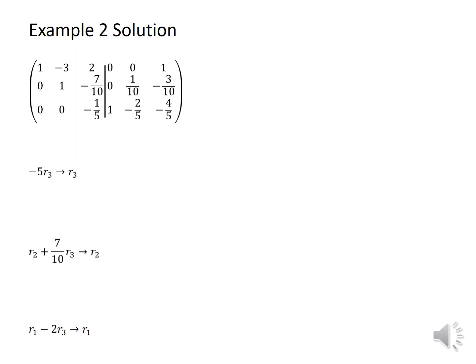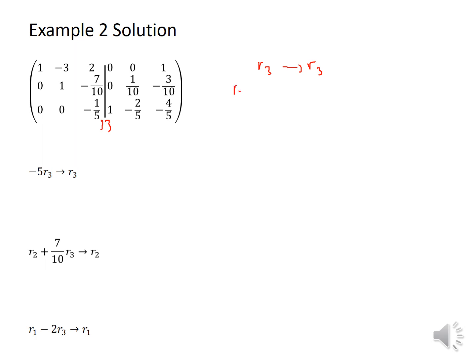Now the next element will be negative 1 over 5. And the coordinate of this element is at third row, third column. So R3, you write the R3, replace into R3. In order to convert this negative 1 over 5 to 1, we need to multiply negative 5.